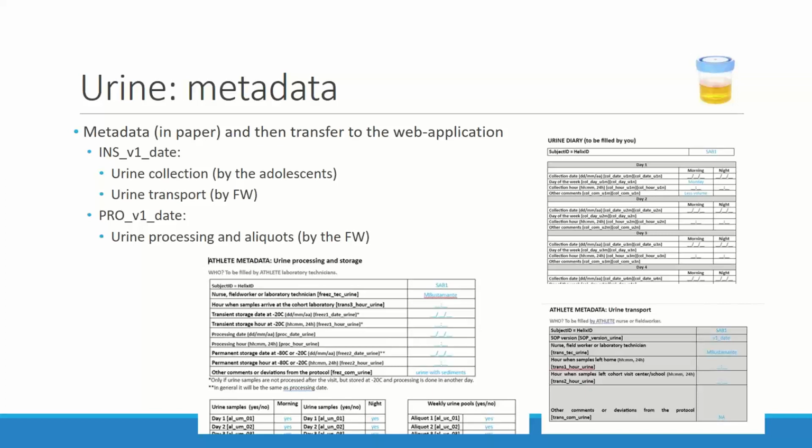You mean like the order of the questions and everything? Yes. Like the tables, for instance, the urine diary, it's like a table. So if the web application has more or less the same format, it is going to be quite similar visually.